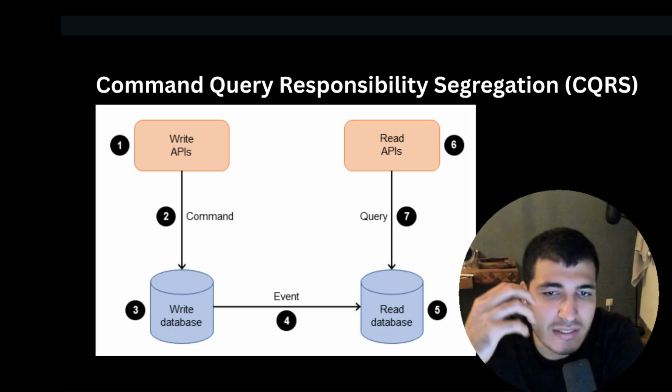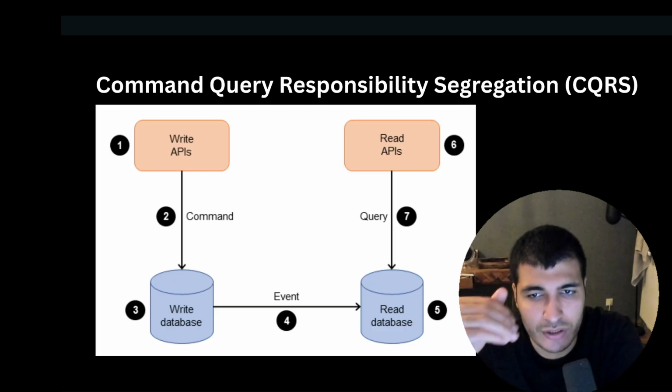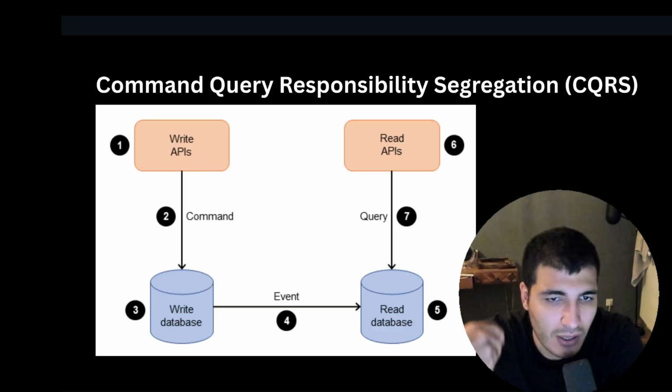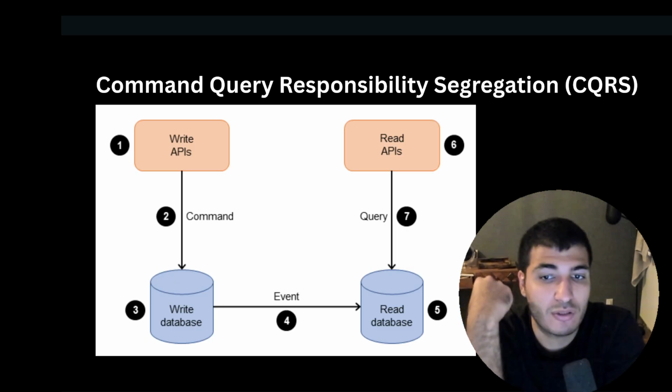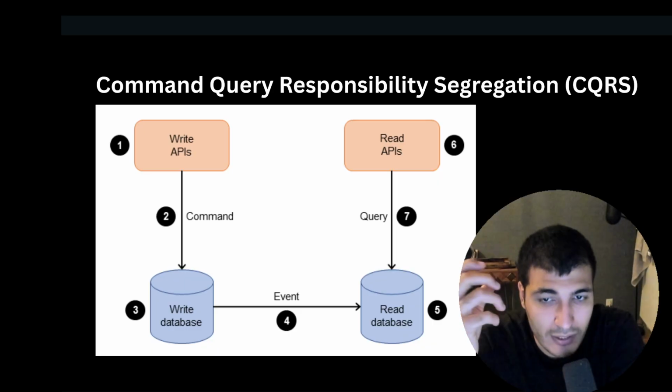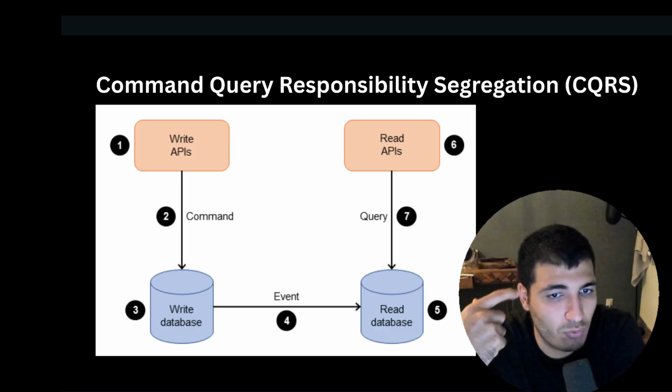Instead of using the same data model and database for both, CQRS typically involves having a separate write database, which is optimized for writes, and one or more read databases, which are optimized for reads.